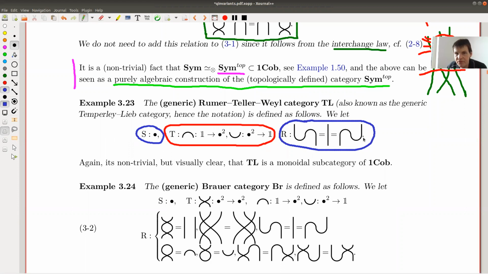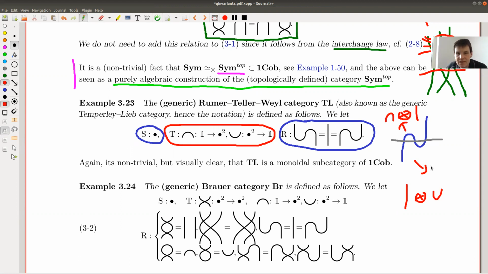And maybe let me run you through this relation. How does it actually look? Okay, let's say this side. What you should think is that here it's cut, and the bottom part is this tensor, this, and the top part is this tensor, this.